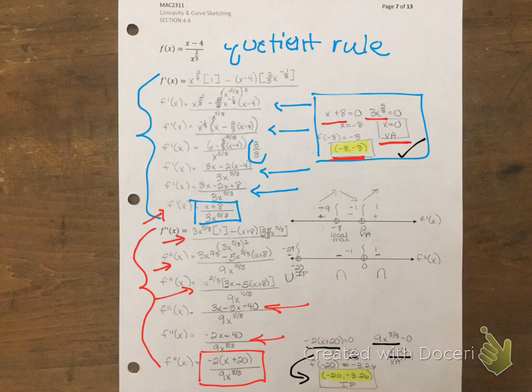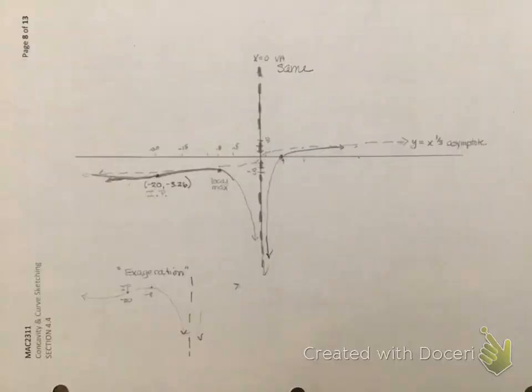So let's go look at our picture. All right. First of all, let me attempt to sketch in my asymptote here. So it is going to look something like that.